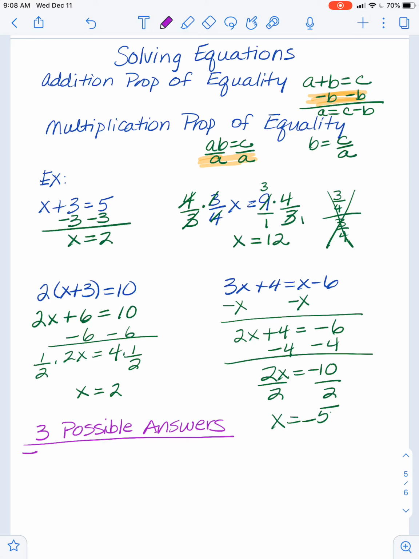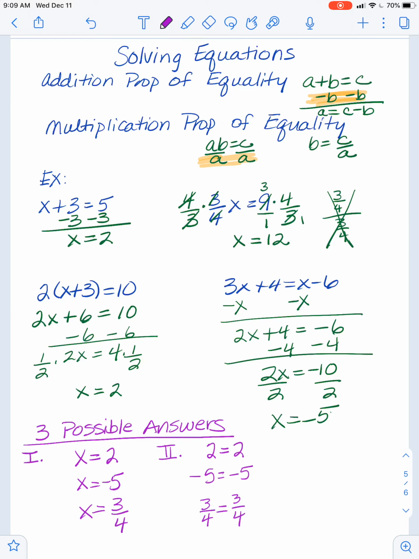So the first scenario is where you have a problem that ends up like the ones that I just did here, where you get something like X equals 2, or X equals a -5, or X equals 3/4, whatever the problem might be. That's one possible. The second possible scenario is where, when you work it out, everything cancels and you end up with something like 2 equals 2, or a -5 equals a -5, or 3/4 equals 3/4.